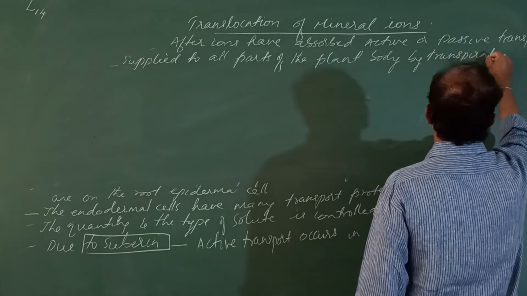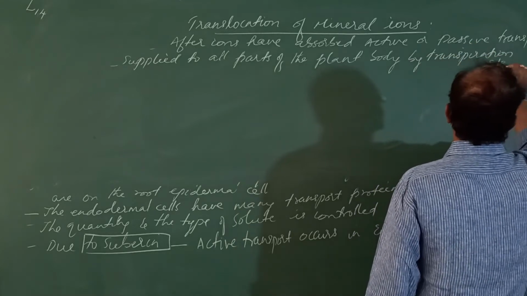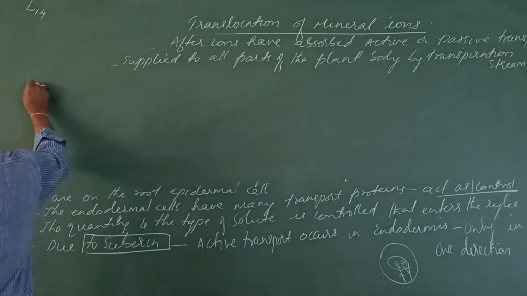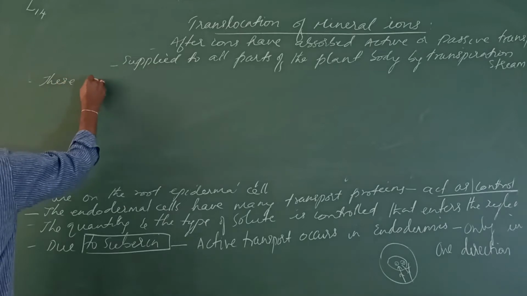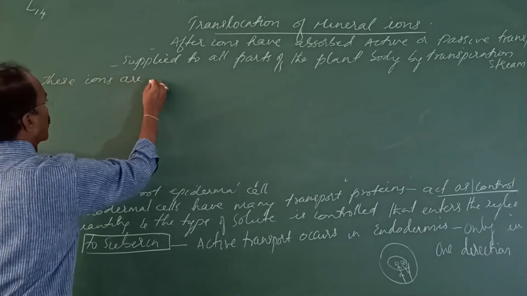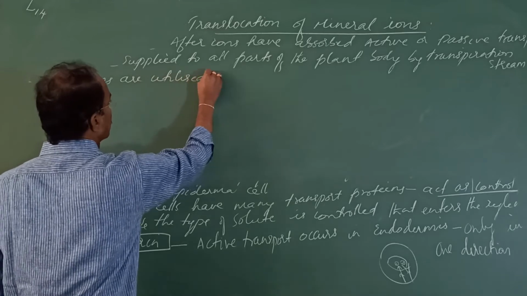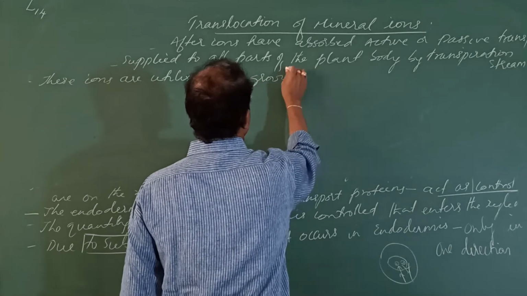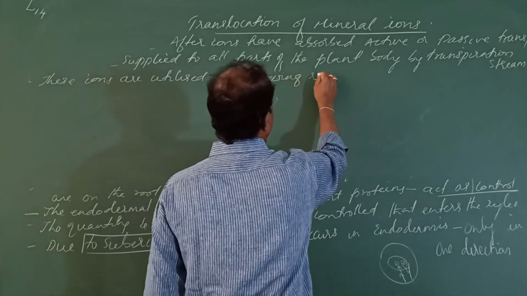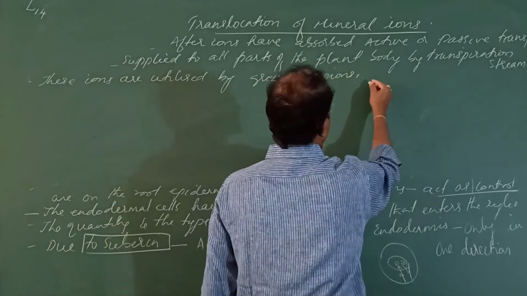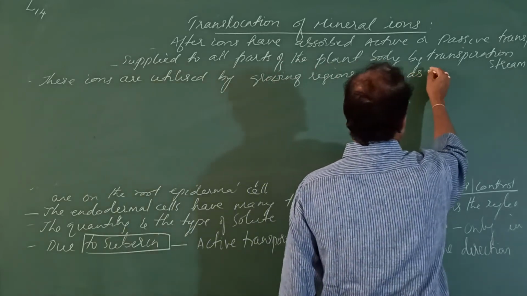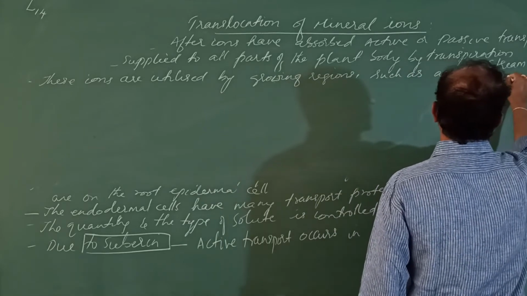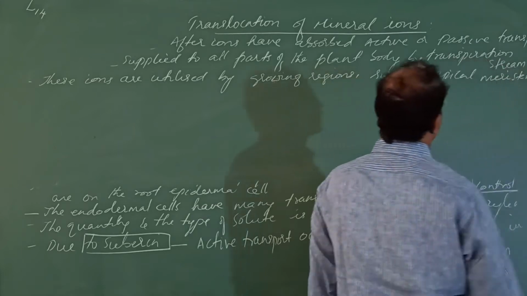Where are these ions utilized? These ions are utilized by the growing regions. What are these growing regions? Such as the apical meristem and the lateral meristem.